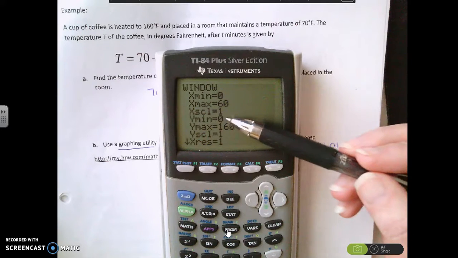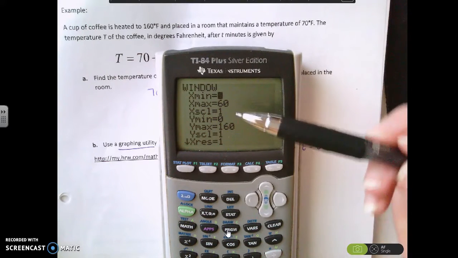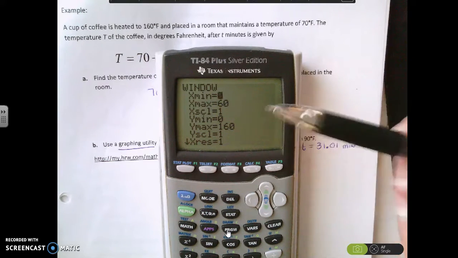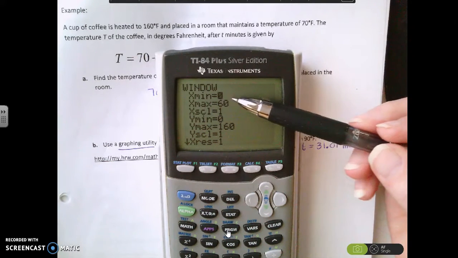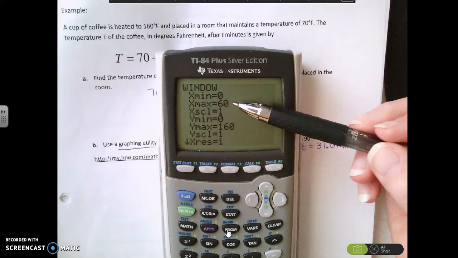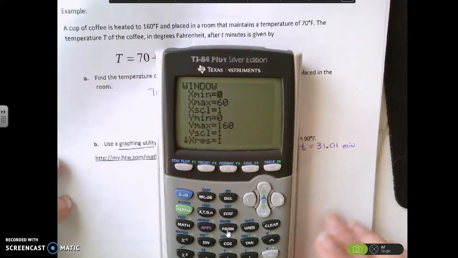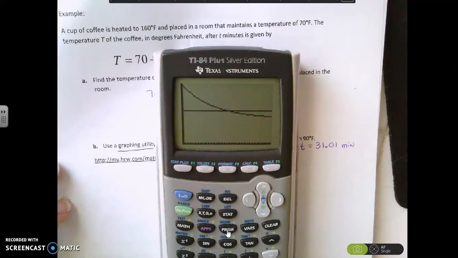We could change that to 70, but I'm going to leave it right now. The time is your X value. I'm making an assumption that more than likely the coffee has cooled to room temperature within an hour. That could be less.